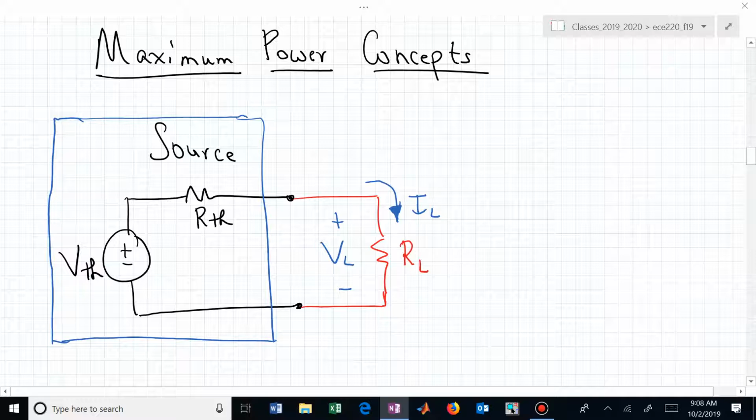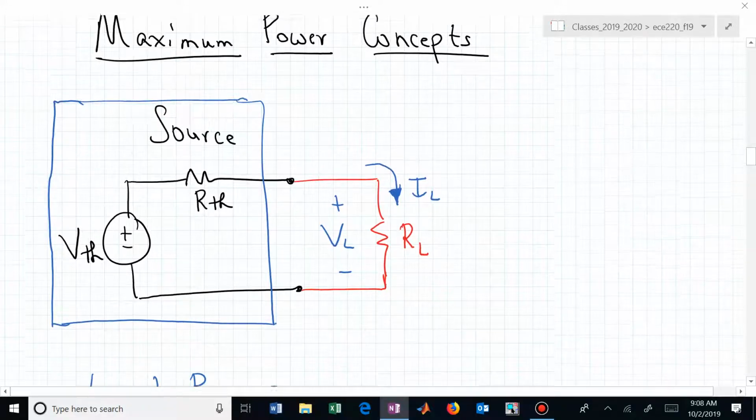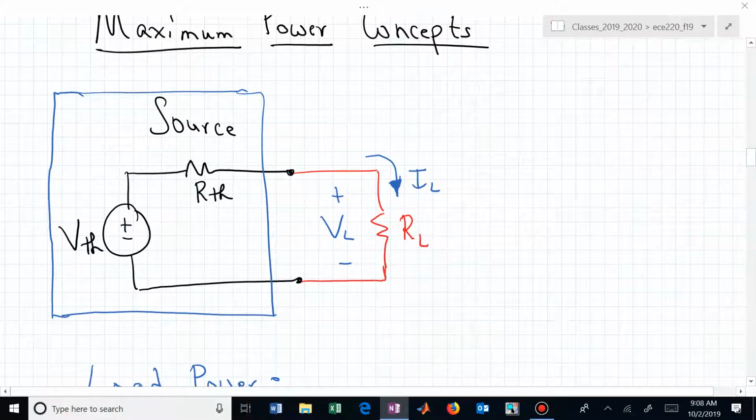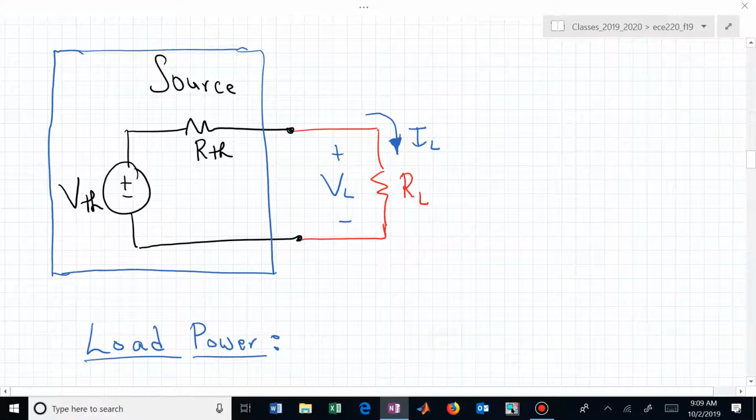We now have all of this electronics put into a small model with V Thevenin and R Thevenin, and we want to see what happens when we attach a load to that, a resistor. You know now how to analyze that. What's the load power in this scenario?